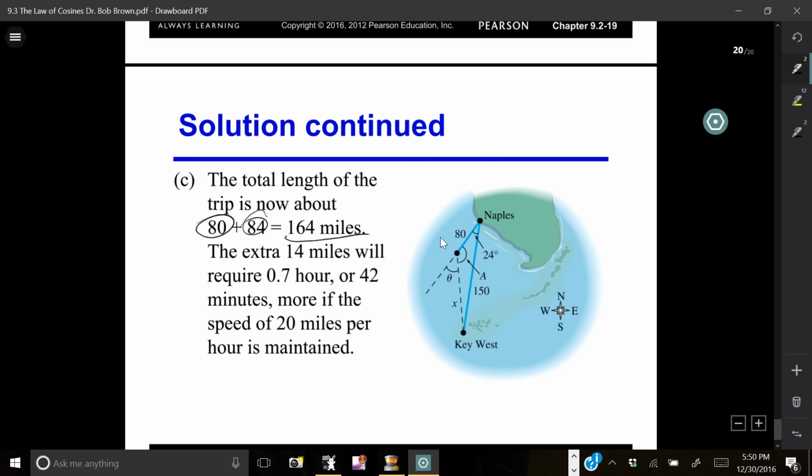So the extra 14 miles will require about 7/10 of an hour, or about 42 minutes to make it up, if the speed is 20 miles per hour. You get that distance is equal to rate times time to make 14 miles up at 20 miles per hour. The time is 0.7 hours. And that is the lesson for today.